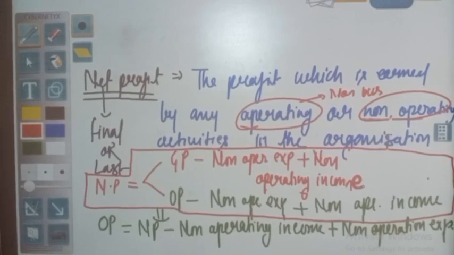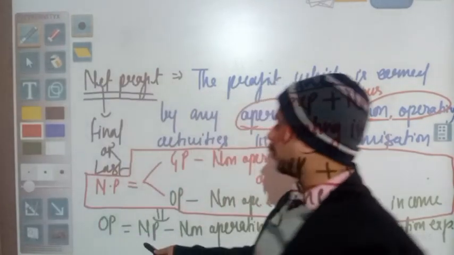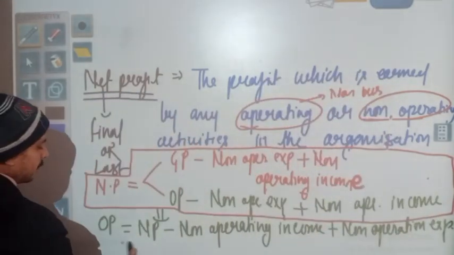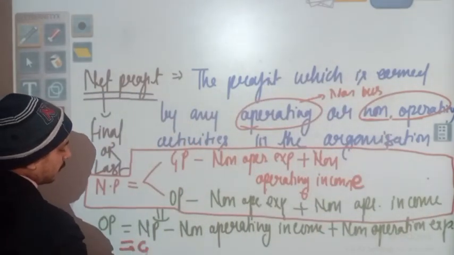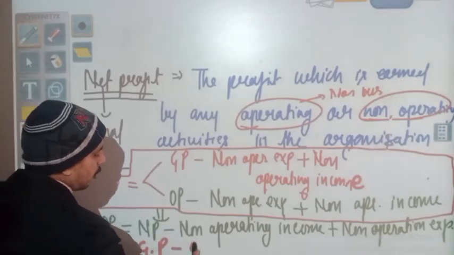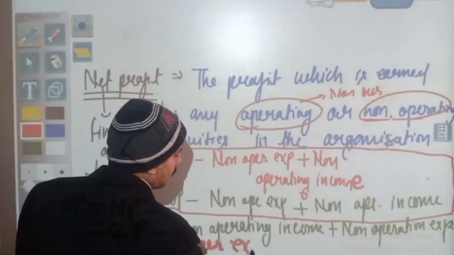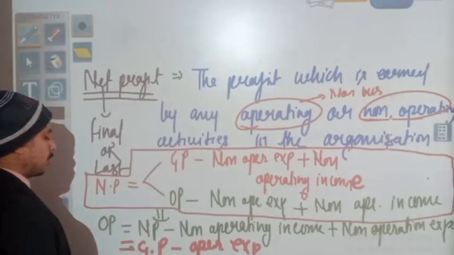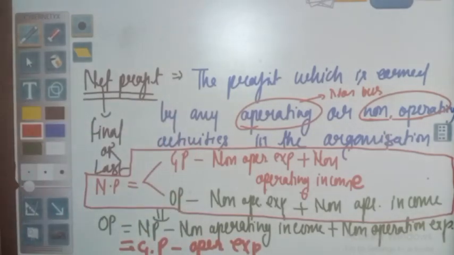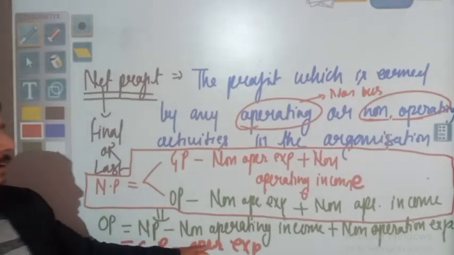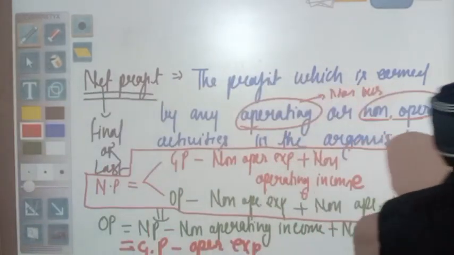So I would like to remind it again that when we calculate the operating profit, it means the value of gross profit minus operating expense, or another formula of calculating operating profit with the help of net profit is net profit minus non-operating income plus non-operating expense.